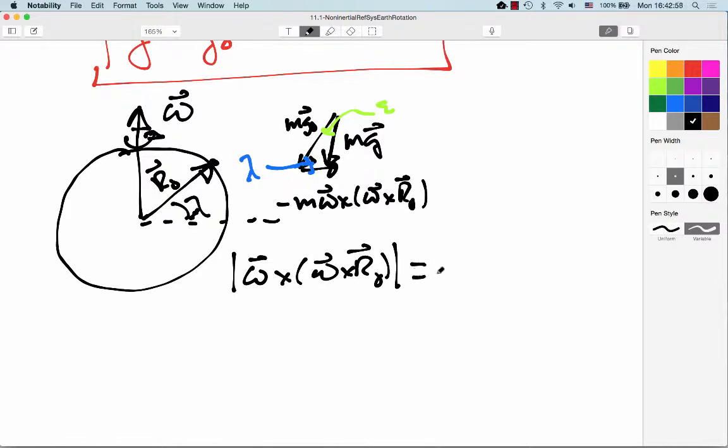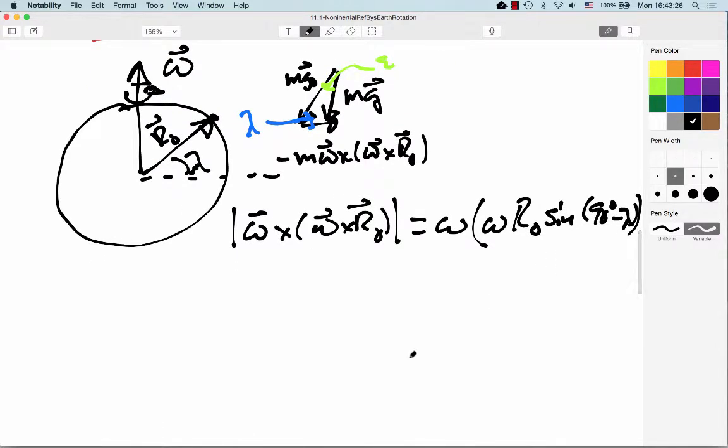So it'll be equal to omega times the magnitude of the cross product inside. Well, that will be omega times r naught times the sine of the angle between them if I were to put them together tail to tail. So that's going to be the sine of 90 degrees minus lambda.